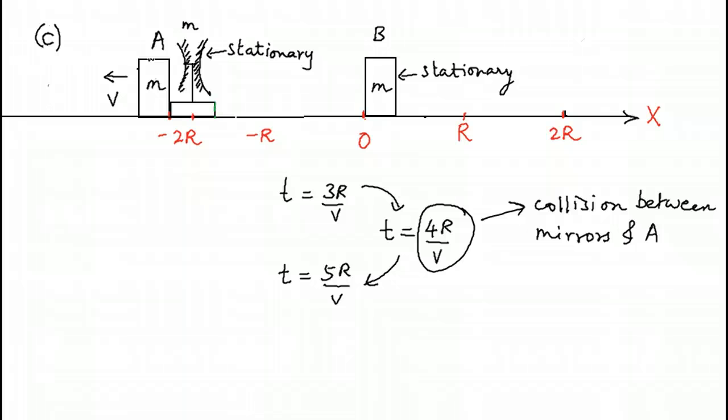The block A is moving to the left with a velocity v. The mirrors have become stationary.